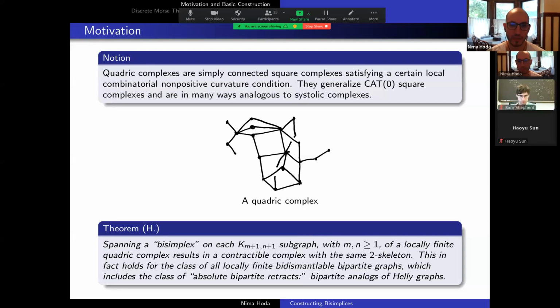And this actually holds for the class of all locally finite bidismantlable bipartite graphs, which is a much larger class of graphs. Bidismantlability is a kind of combinatorial contracting property. In particular, the theorem also applies to absolute bipartite retracts, which are a bipartite analog of Helly graphs, which have seen a lot of activity in geometric group theory in recent years.